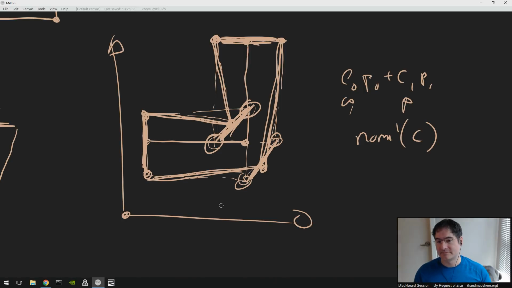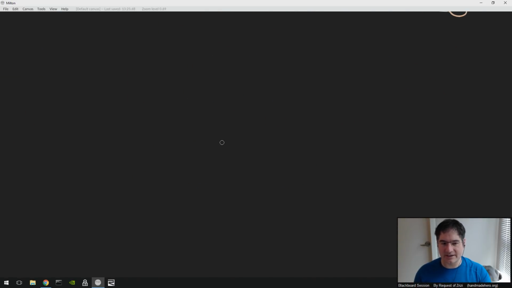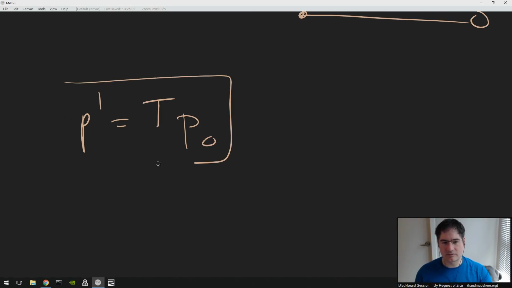So let's do it. What do we need to do to make that happen? Well, previously, when we transform stuff in computer graphics, I told you this at the beginning of the stream, we've got some transform that we're going to transform these things by. Oops, that's not a P1, that's a P prime. To produce our point, and we're inputting the point, right? So that's what we normally do.